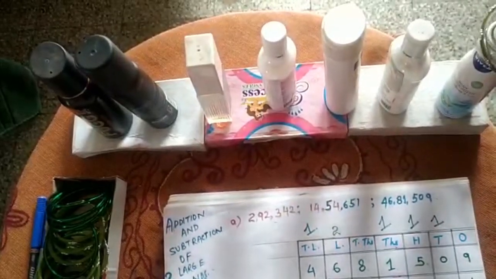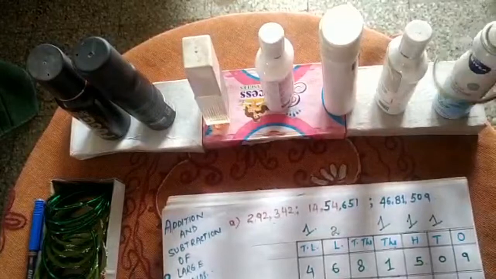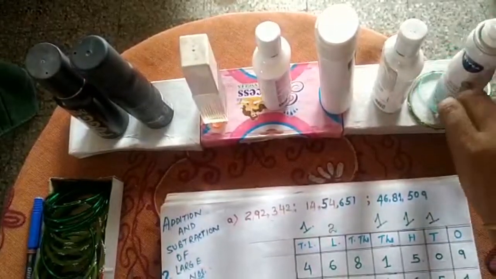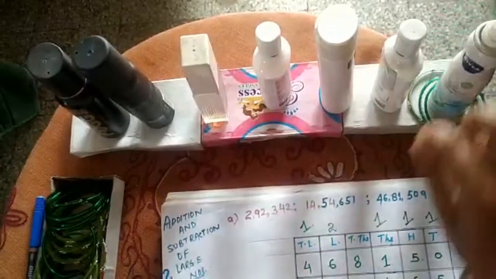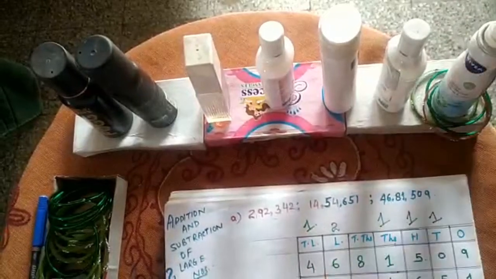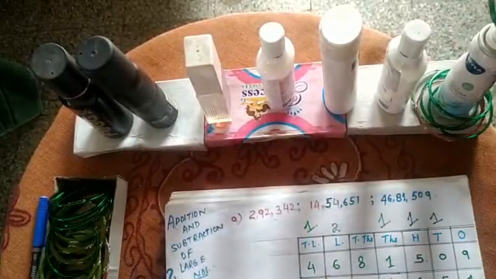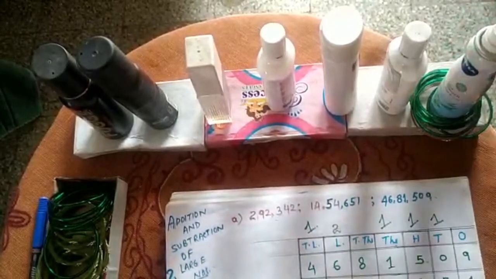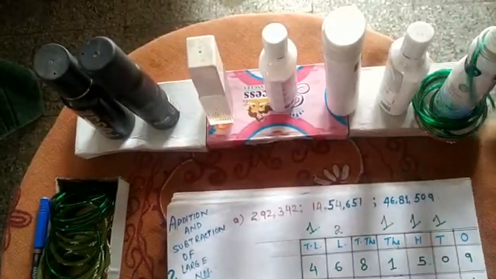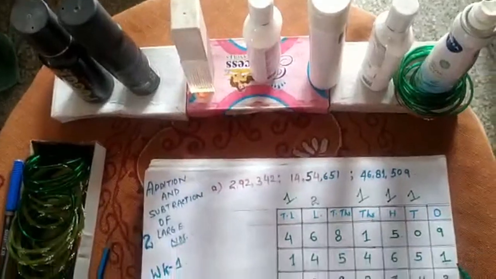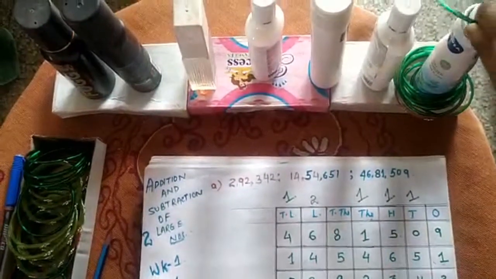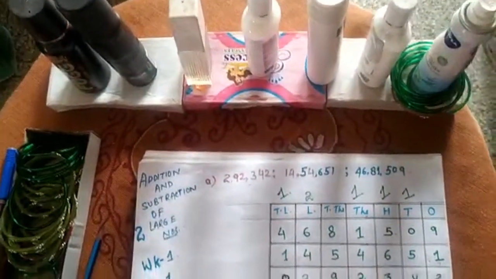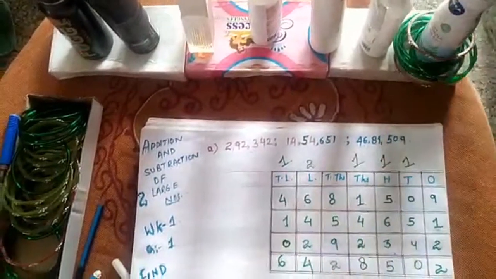It is the ones place value. The first digit is 9: 1, 2, 3, 4, 5, 6, 7, 8, 9 ones. Then 1 one, so 1. Then 2 ones, so 1 and 2.